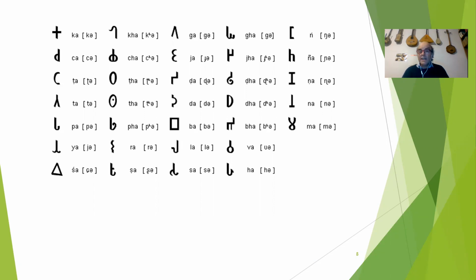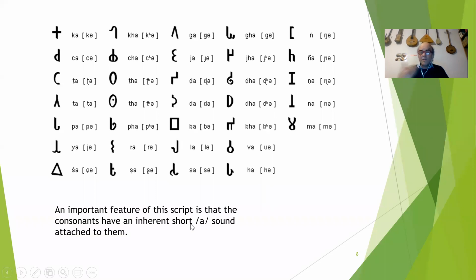And this order is an order that we still find in many of the Thai languages today. So to understand the history of the Thai scripts, we need to understand the story about these. And the other important feature of this script is that all the consonants have an inherent short sound attached to them.